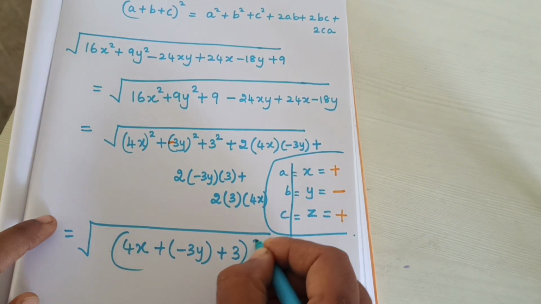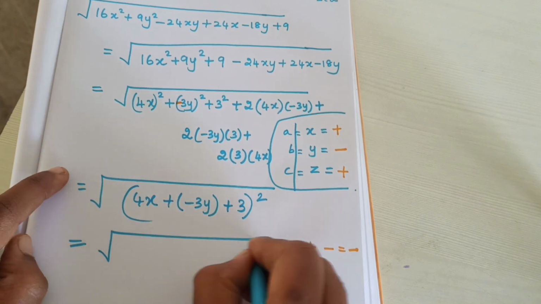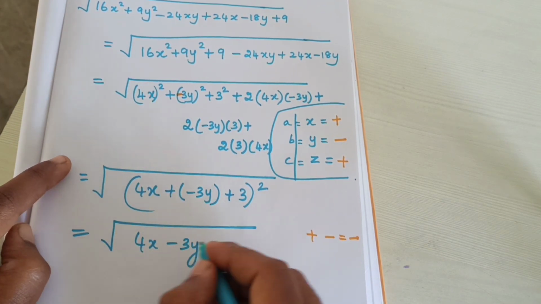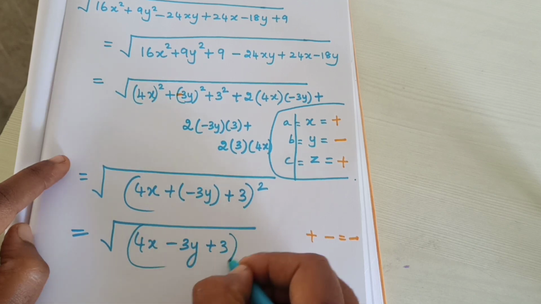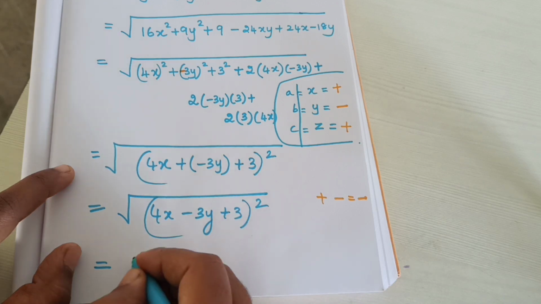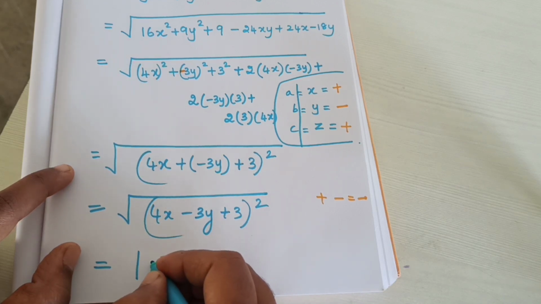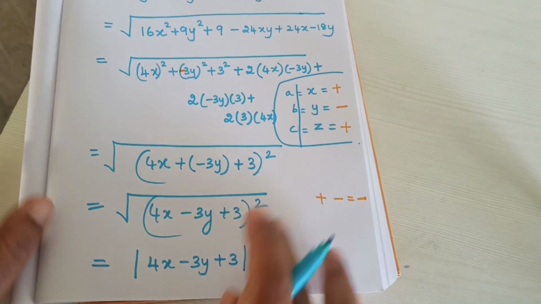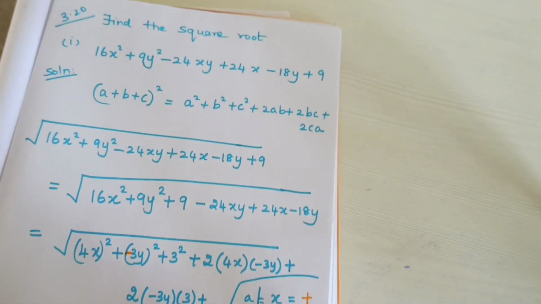The whole square, which is equal to the square root of (4x - 3y + 3) the whole square. Now square and root get cancelled and since variables are given, you need to write inside the modulus, that means absolute value: |4x - 3y + 3|. That's all. Easy, no? For this question, very very important question.